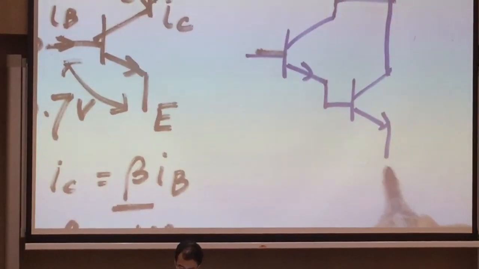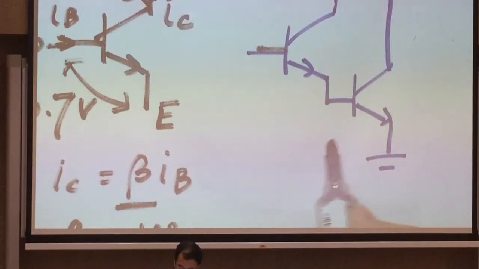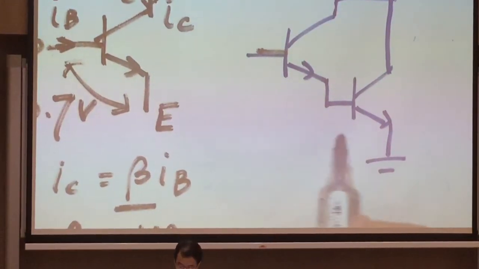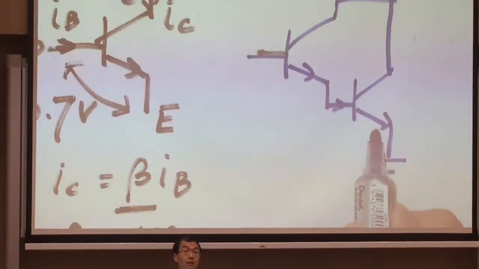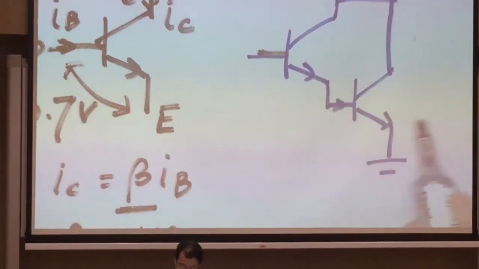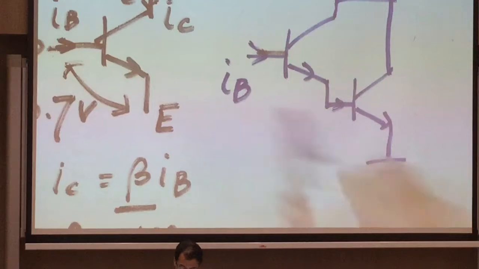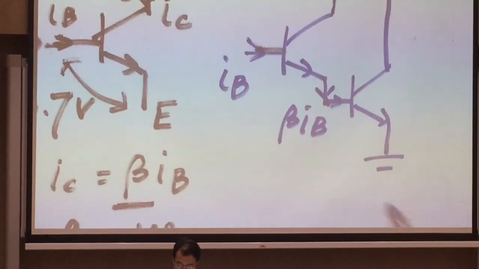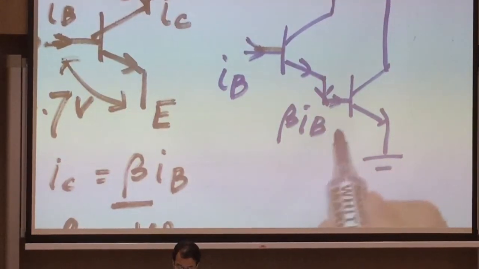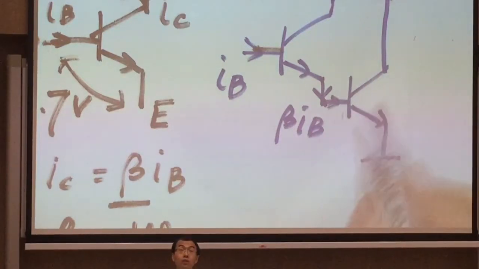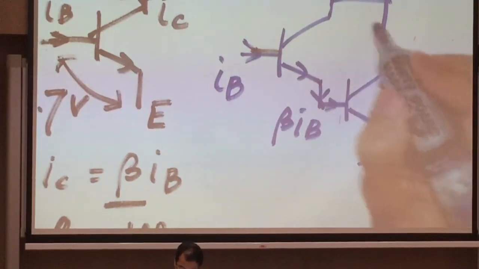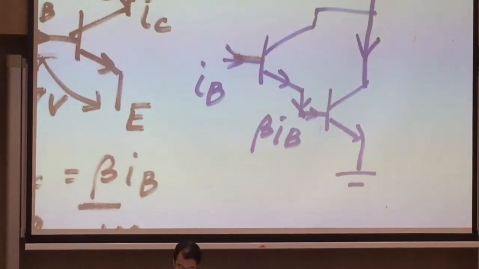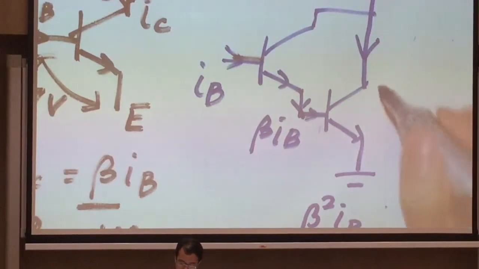The interesting part is the current from the first NPN becomes the base current of the second NPN transistor. So you see the point. Let's say you have an IB here. So the current here is about beta times IB. But this beta times IB is the base current of this transistor. So then what is the output current here? The output current is beta times beta, beta squared IB.